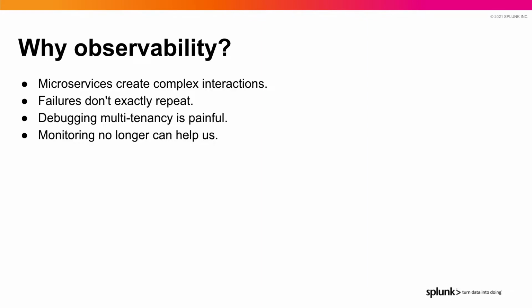See, microservices create complex interactions, and these failures don't exactly repeat, and we tend to have a really hard time debugging multi-tenancy environments, and it can become very, very painful. So really, general traditional monitoring is just not enough for us.